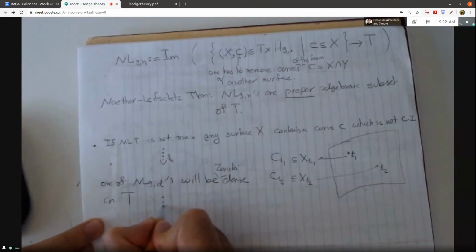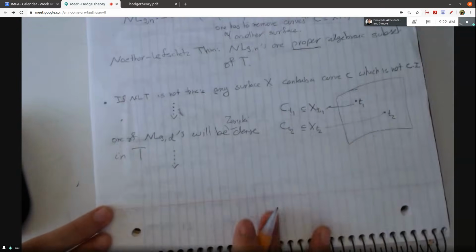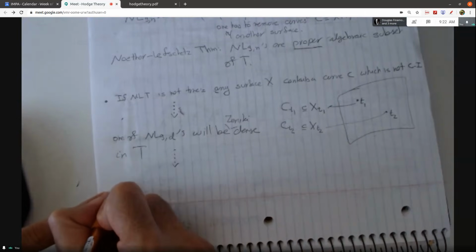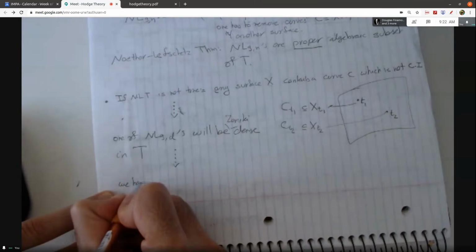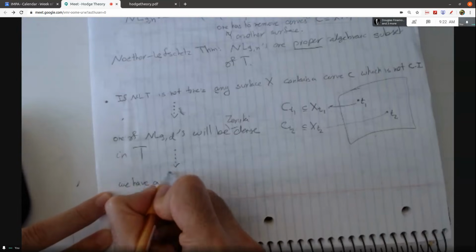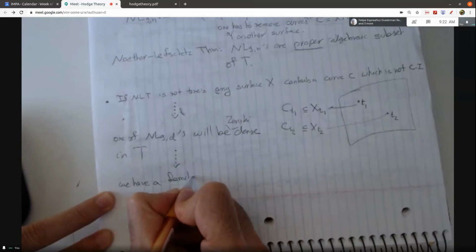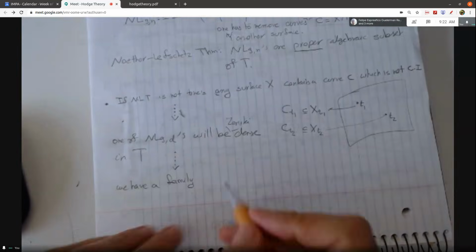And then what we actually need from here is a family. Let me write it explicitly.